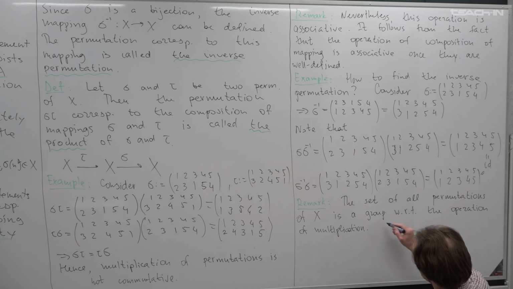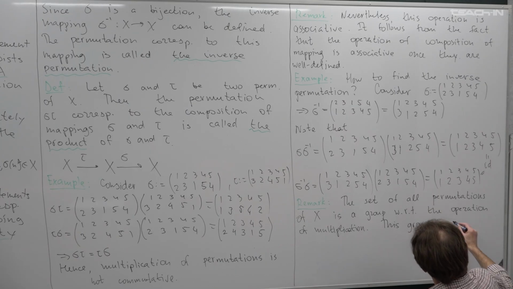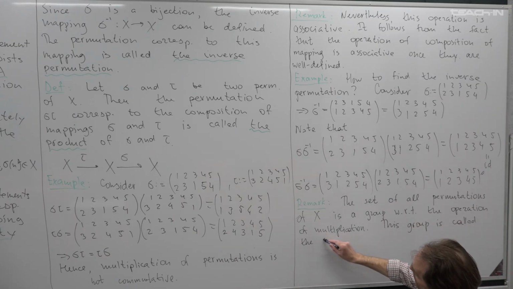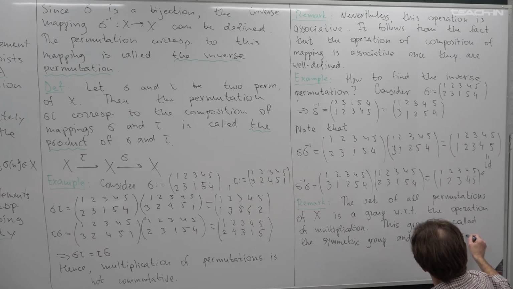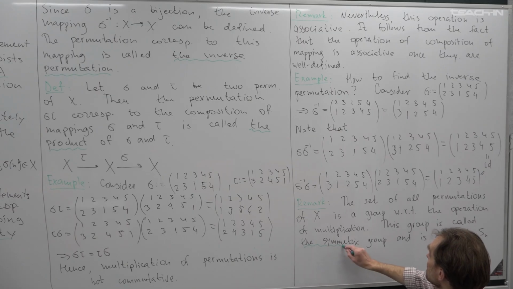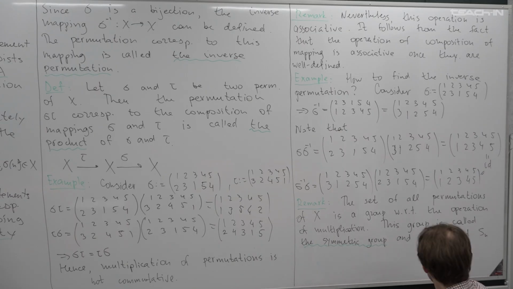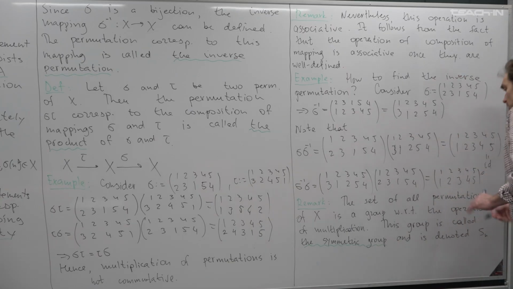So this group is called the symmetric group, and is denoted by Sn, where n is the number of elements in the set X. Okay, so we will not need the fact that this is a group, so we will just use this notation.